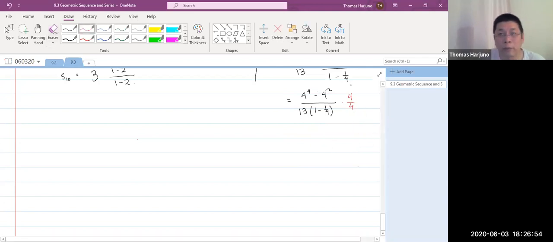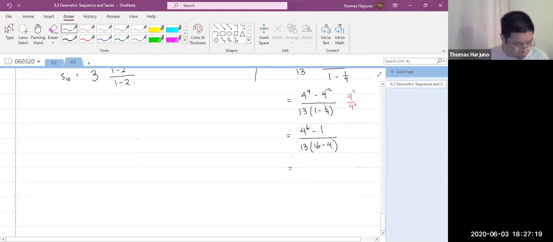So I'll multiply by 4 squared over 4 squared. That will give me 4 to the 6 minus 1 over 13 times 16 minus 4. So 4 to the 6 minus 1 is 4095 over 13 times 12.